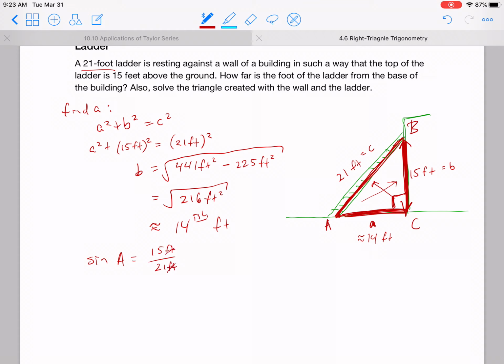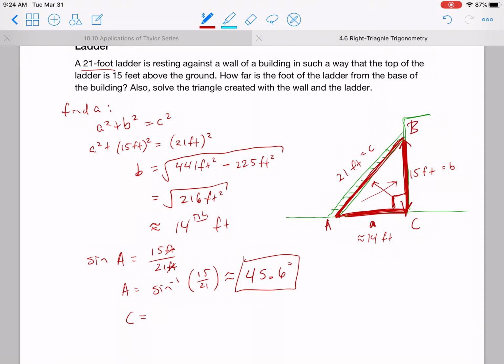And you're left with sine of A equals 15 over 21, which means A is equal to the arc sine. We can use our inverse relationship of 15 over 21, and that's going to give us about 45.6 degrees.